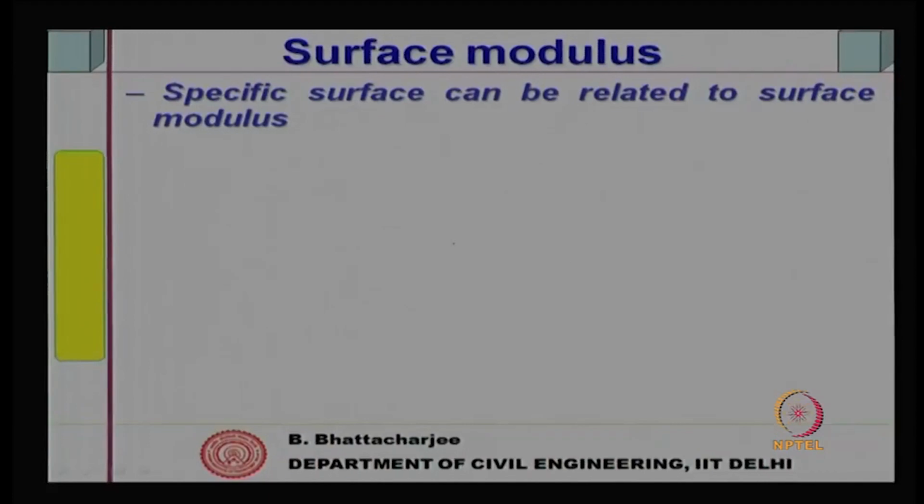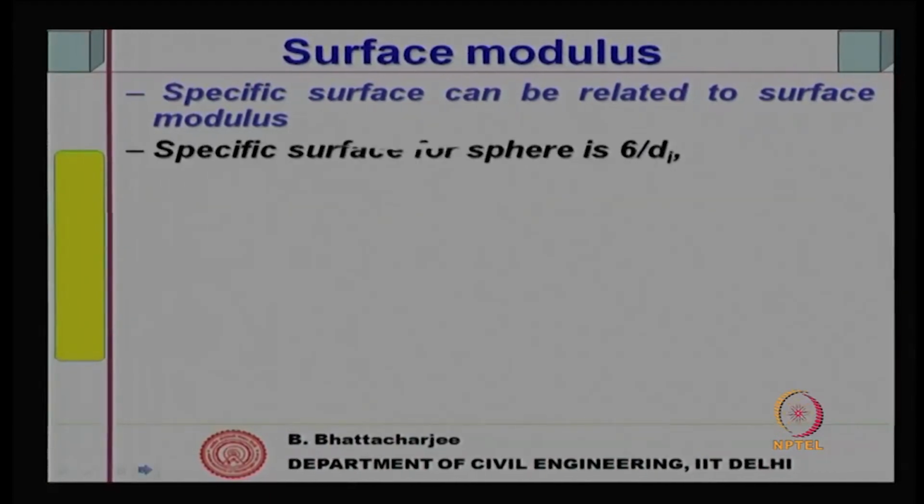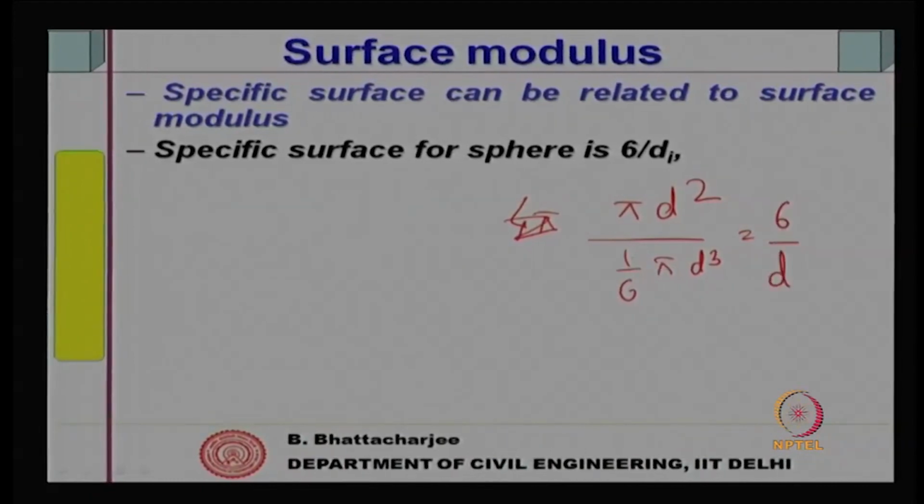Similarly, there is another index called surface modulus. Specific surface can be related to surface modulus. Specific surface of a sphere is, if you write pi d square as the surface area, divided by 1 by 6 pi d cube, this will be simply 6 by d.